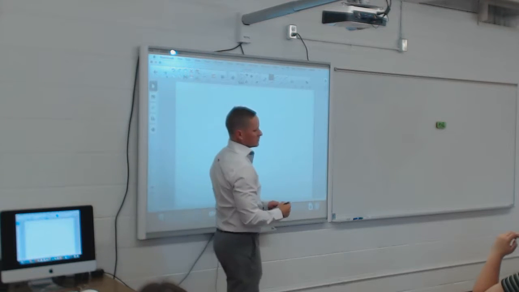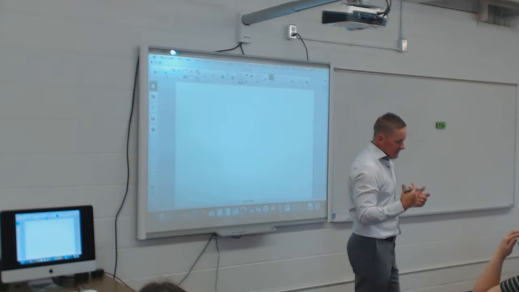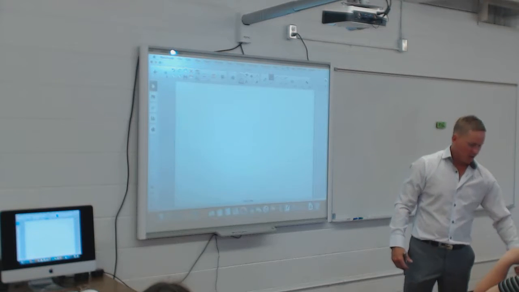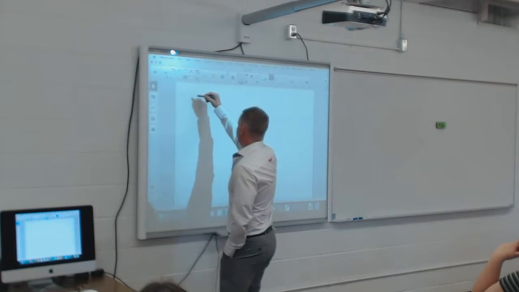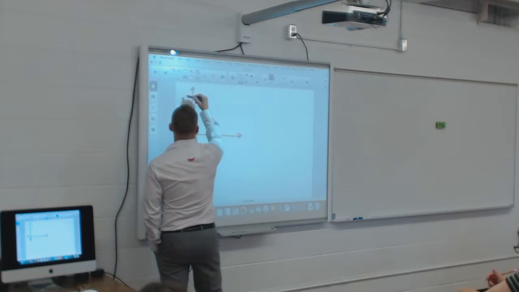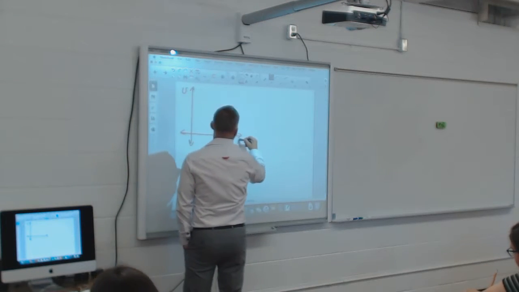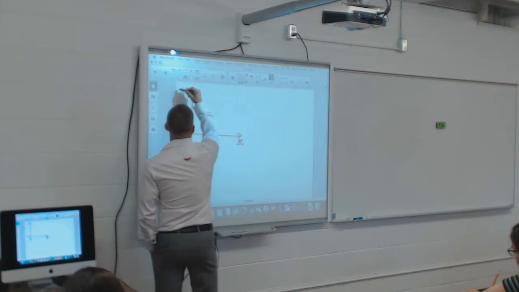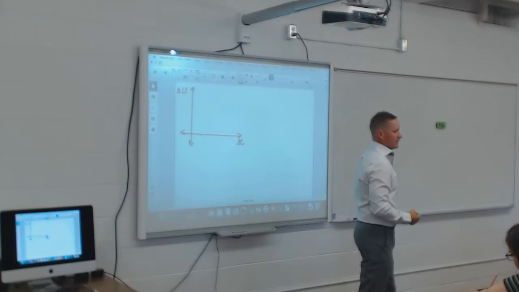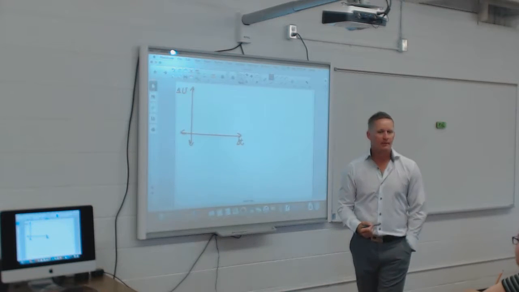So acceleration is the change in velocity over the change in time. What happens if I do this again, and now I make that velocity and that time instead of x and y, instead of displacement and time?